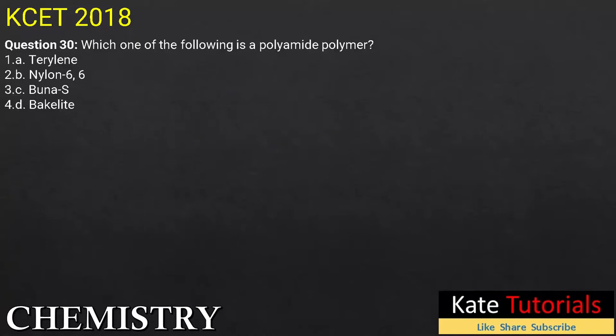Coming to question number 30. Which one of the following is a polyamide polymer? Polyamide means it should have this linkage, C double bond O, R, H, where the chain continues on both sides. We call this linkage the amide linkage.